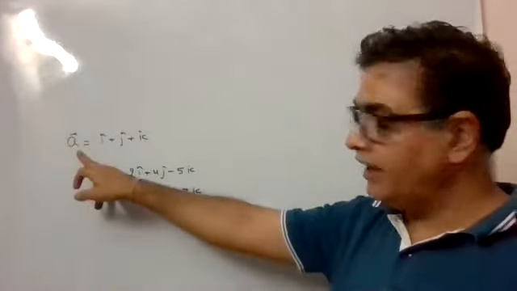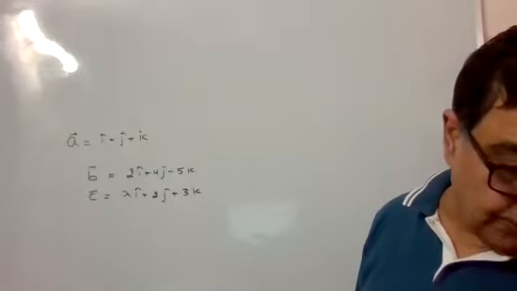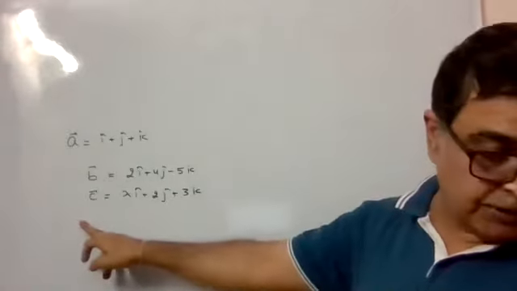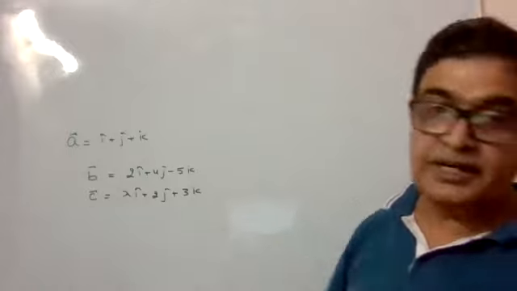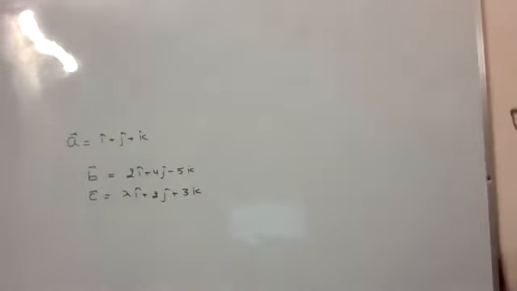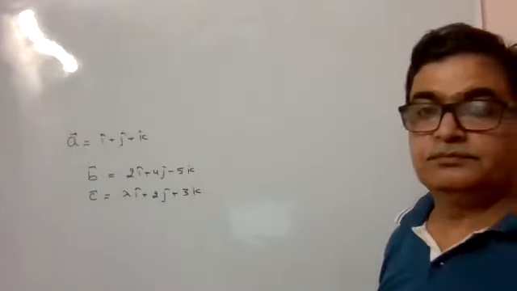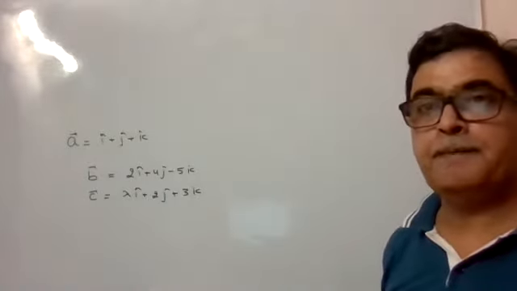Scalar product of A with a unit vector along the sum of these two, that is B plus C, is equal to 1. What is the meaning of it? Yes, बोलो भाई क्या करें?